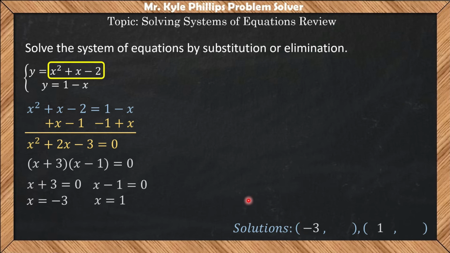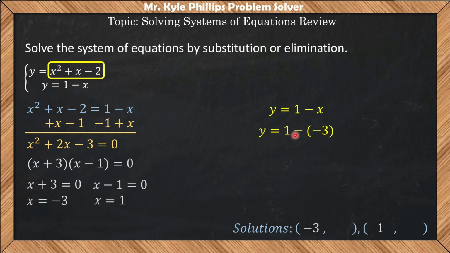The way we find our y values is by substituting in our x values. So we know that y is equal to 1 minus x, or you could also say x squared plus x minus 2. Since this is simpler, we're going to use this one since it will generate the same responses. So I will plug in my x values into this equation.